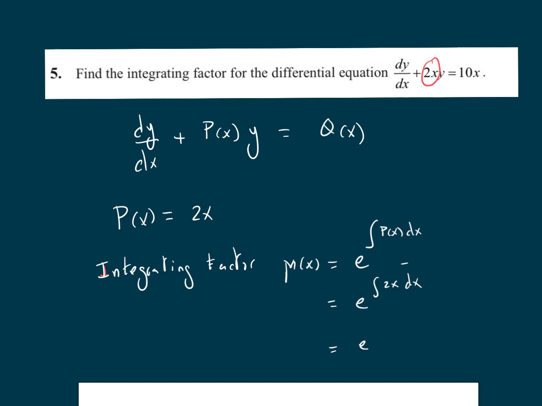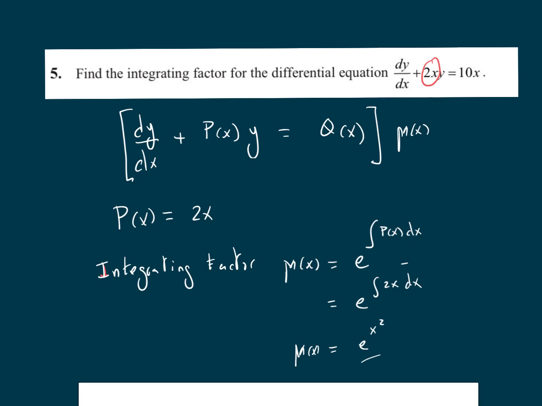So it's e to the x squared. So the integrating factor is e to the x squared, and this integrating factor is the key factor that will solve my equation. When I multiply the whole equation by mu of x, by e to the x squared, I will be able to compress the left side of the equation as the derivative of y multiplied by mu of x. Let's go.